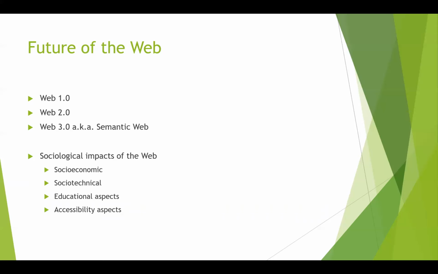Then what were the distinguishing characteristics of Web 2.0? Well, Web 2.0 essentially moved the ability to do content creation to the users. In other words, things like Facebook, Twitter, etc., these social media platforms that we now take for granted, allow you to be content creators. For example, I'm creating this video and I'm going to probably post it on YouTube.